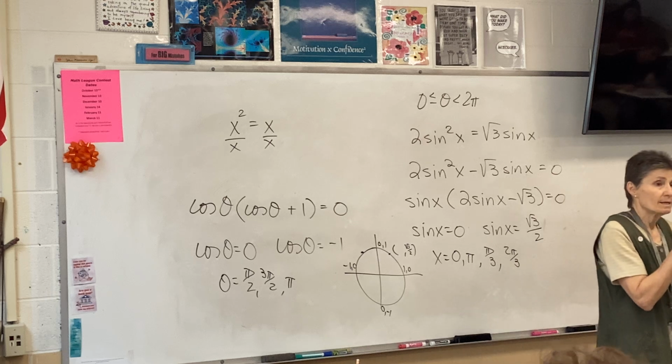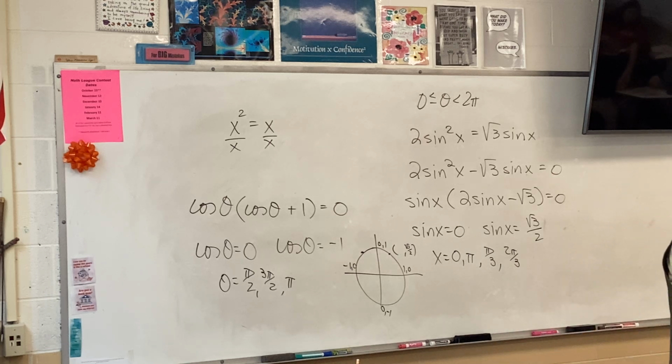One was, if you divided by a negative number, you had to remember to change the sign. And the other was, instead of getting an answer like x equals 4, you got an answer like x is less than 4, which is infinitely many answers. Remember shading on the number line?